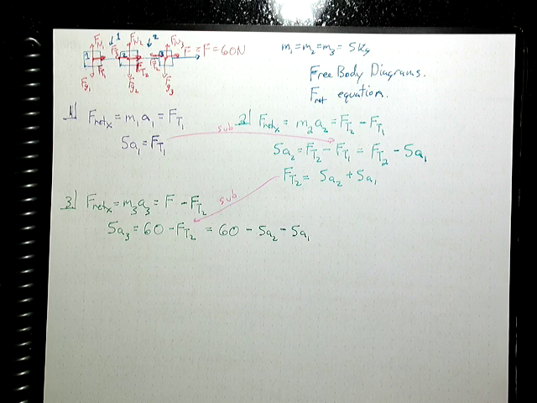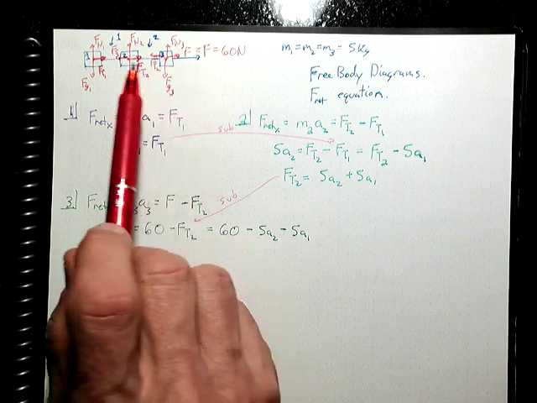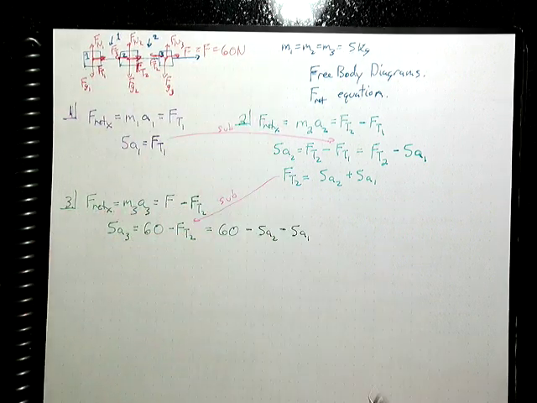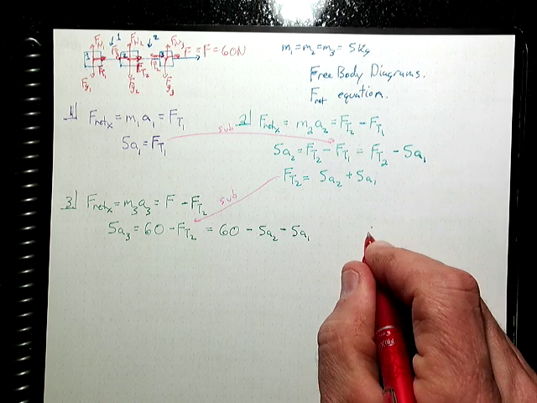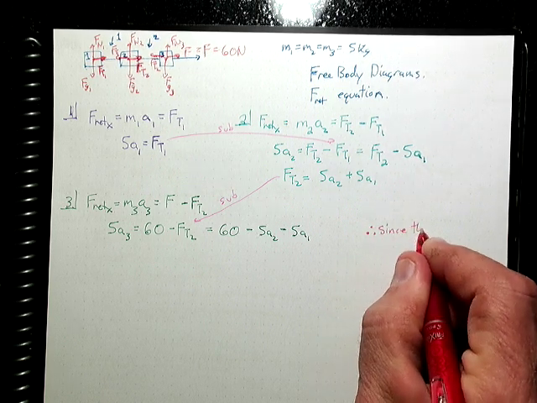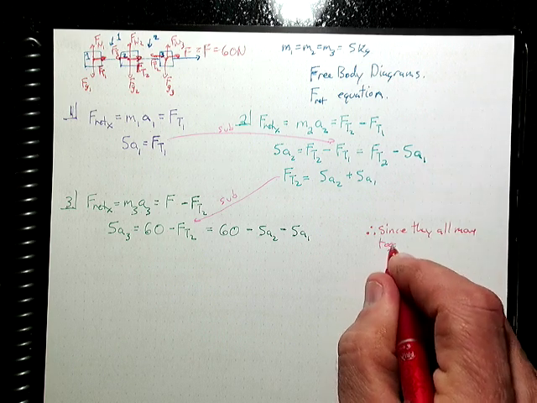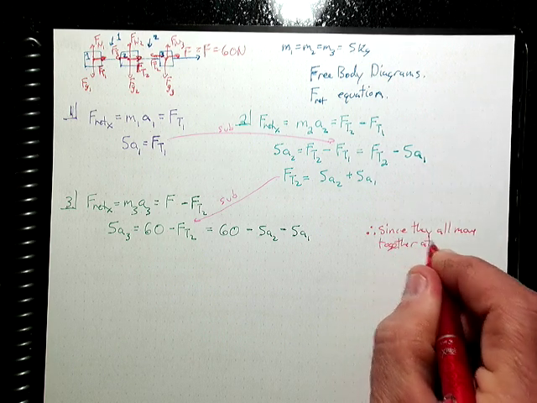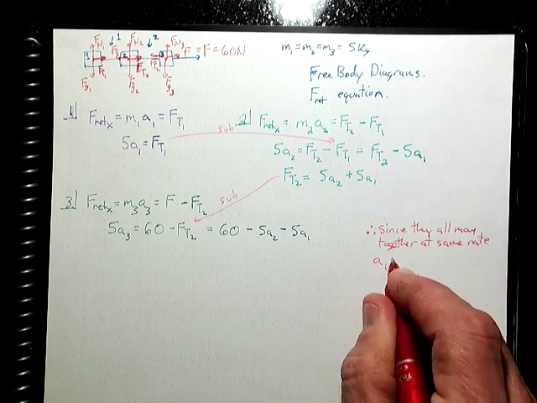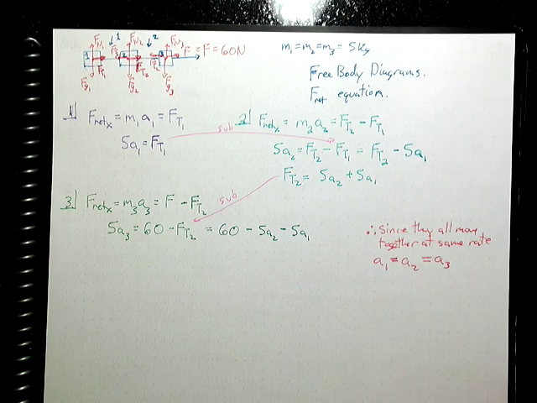Now, what we need to do is make a statement. We know that this rope out here is pulling all of these boxes together, so they're all moving along at the same rate. Therefore, since they all move together at the same rate, a1 has to equal a2 has to equal a3.